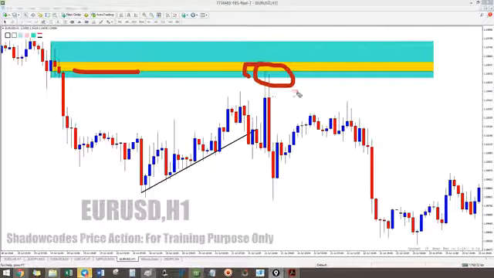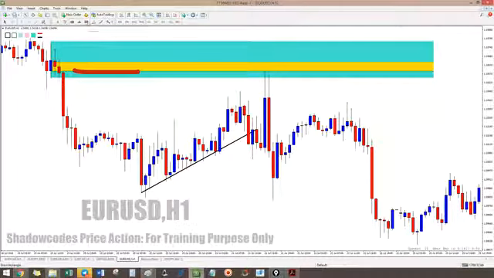Where will we be entering? Over here. We will take our entry here on this red candle. I think I just need to use this one. We will trade here.